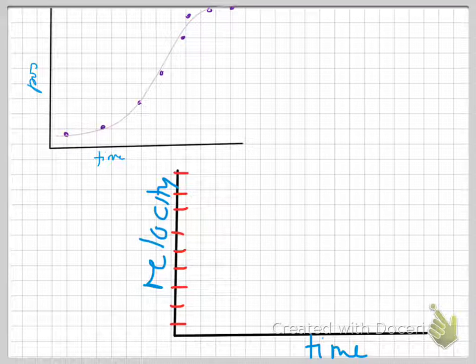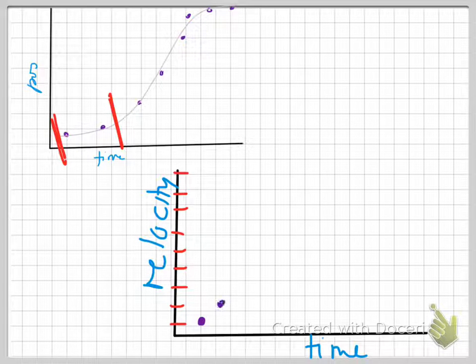So if we look at this object here in this segment, is it moving very fast? No. Its velocity is pretty low. So we'll put a dot down here for velocity. Is its velocity increasing?